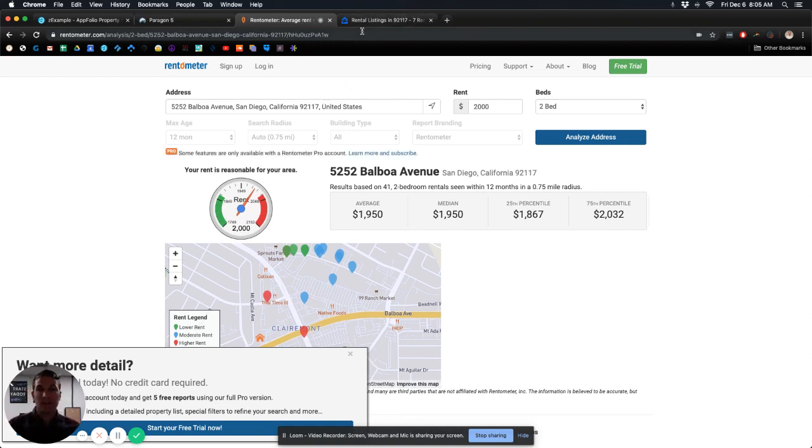Something else to consider is the seasonality, especially if you're in a student market such as UTC or near SDSU. You really need to consider what time of year the property is becoming vacant. Unfortunately, if you're near UCSD or SDSU and it's the dead of winter, you're going to have to concede quite a bit, up to 15 to 25% in your market rent to find qualified tenants.